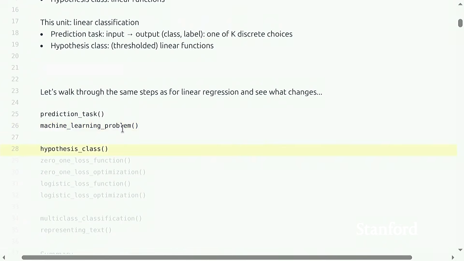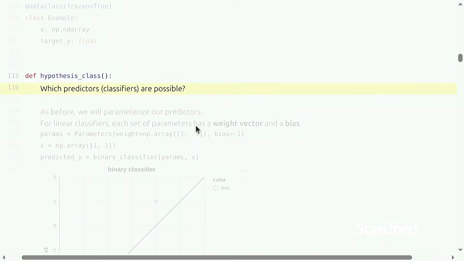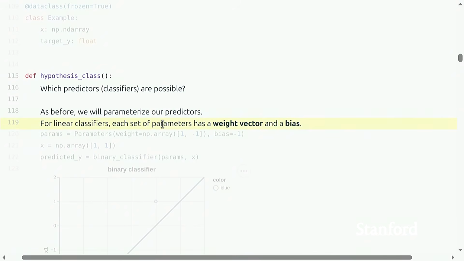Okay, so let's move on now to the first question, which is what predictors are we going to consider? I've sort of foreshadowed this already, so this part shouldn't be too surprising. As before, we want to parameterize our predictors, which means that we want to define a set of parameters for each predictor. So in the case of linear classifiers, the parameters include a weight vector and a scalar bias term.